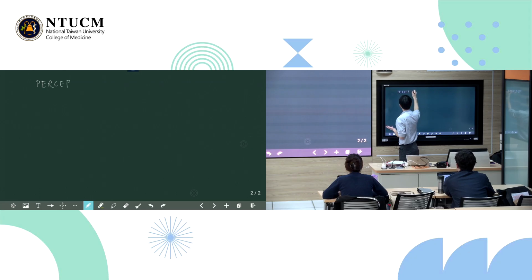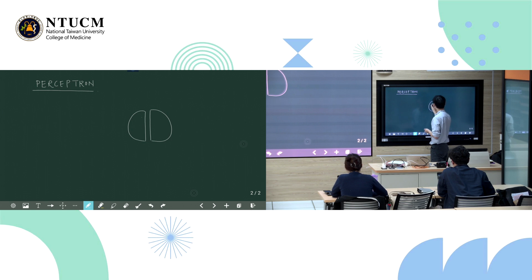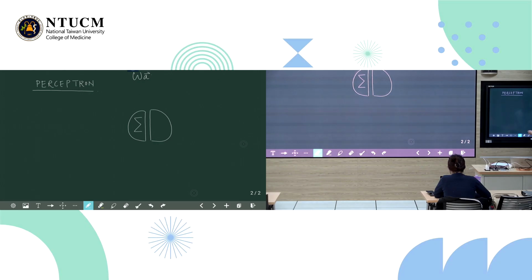Agarwal has a nice figure of the perceptron, which we should all know pretty well. He draws this picture of the perceptron, which you can think of as having two parts. We have a summation part. I write it like that: AJ, the output, is a function of the sum of the weighted products.